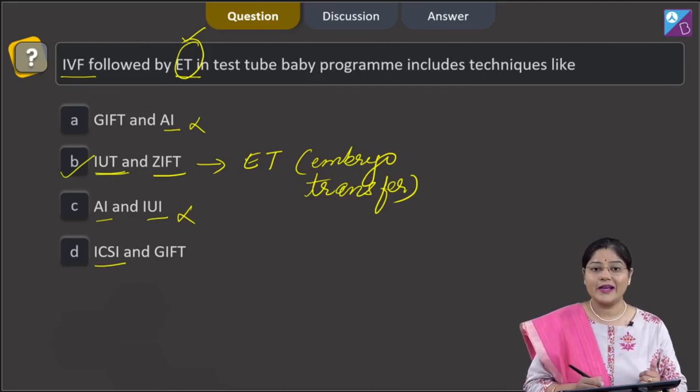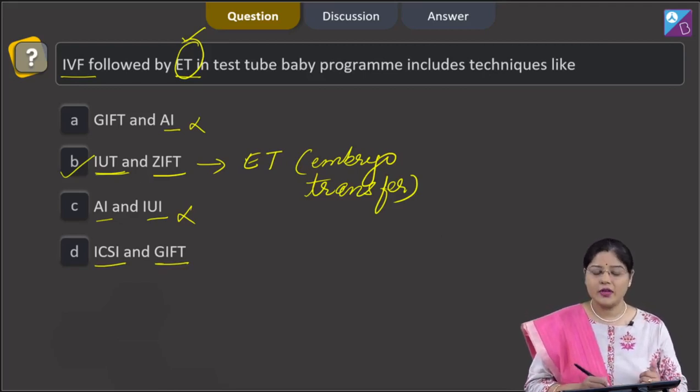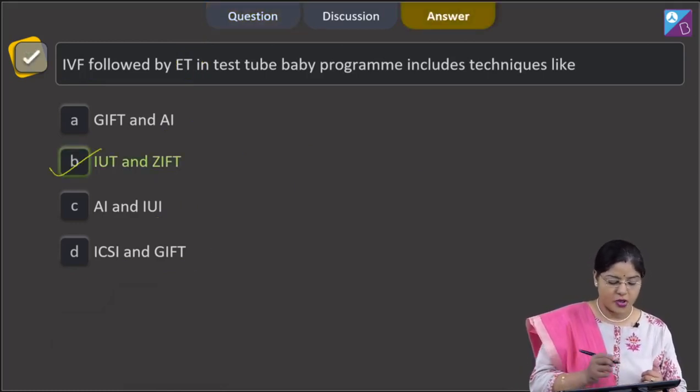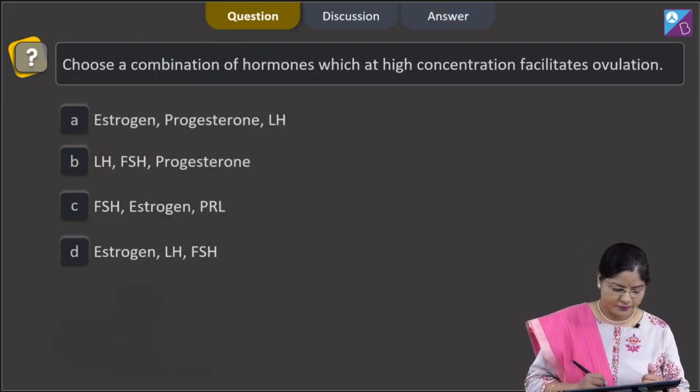So, in ICSI, in vitro fertilization occurs, but here GIFT is also given in the option, and in GIFT, in vivo fertilization occurs. So, this cannot be a correct answer, and the correct answer to this question is option number 2, IUT and ZIFT. Moving to the next question.